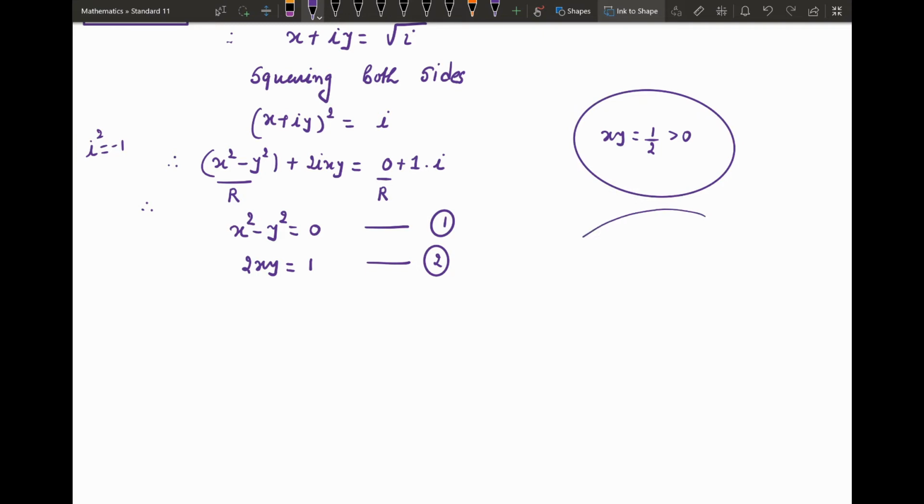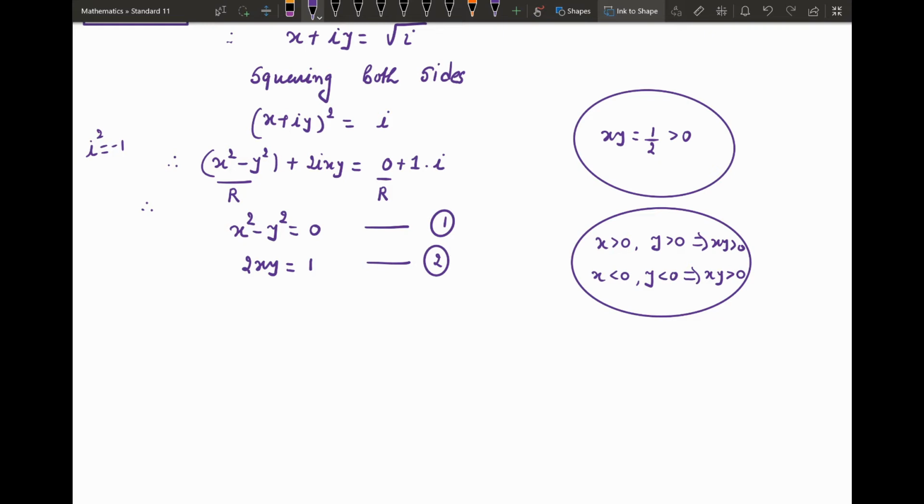That means when we select x and y, positive into positive is positive. So if we take x greater than 0, then y will be greater than 0, then xy will be greater than 0. But if x is less than 0, then compulsorily y less than 0, so negative negative positive, xy will be greater than 0.